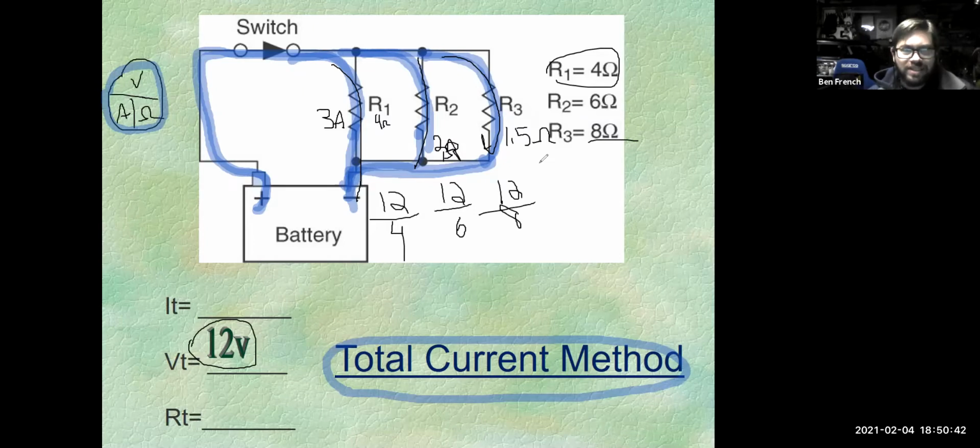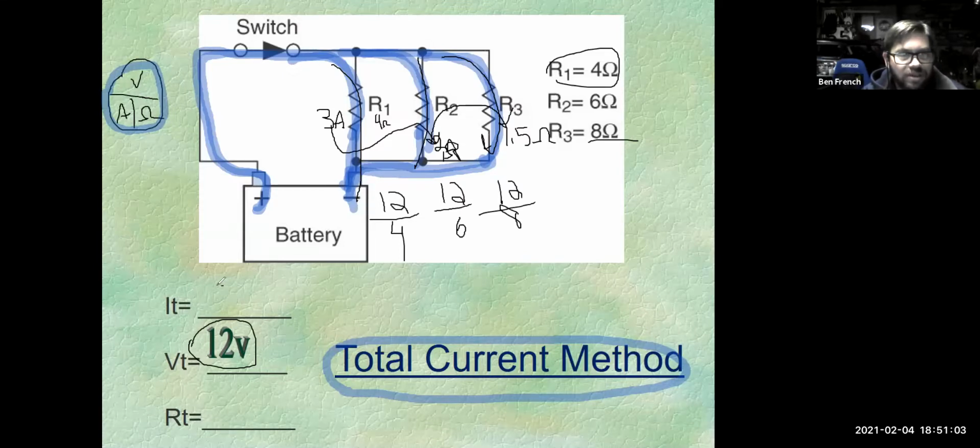what that means is what's my total amount of current flow, total current, or my total amount of amps leaving the battery and going back in on the other side. I just got to add these three things together. So the 3 amps plus the 2 amps, oh, that's 5 amps. The 5 amps plus another 1.5 amps, oh, that's going to be 6.5.